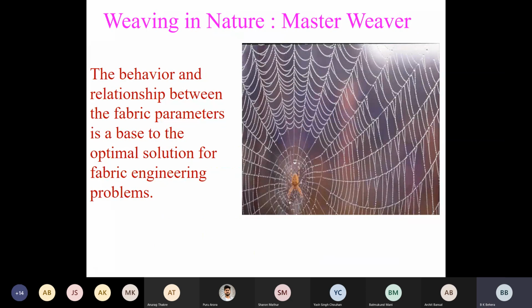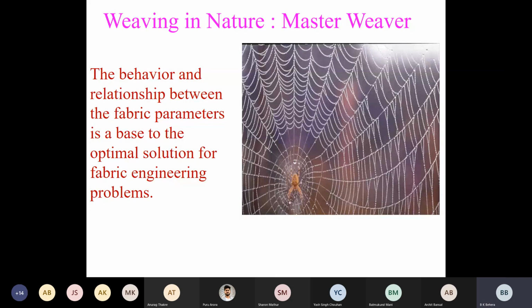So coming to manufacturing, look at this funny picture. We know how this tiny insect makes its house to trap its prey. And the weaving concept came from this tiny creature only.